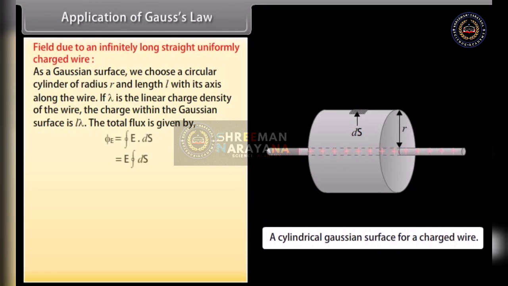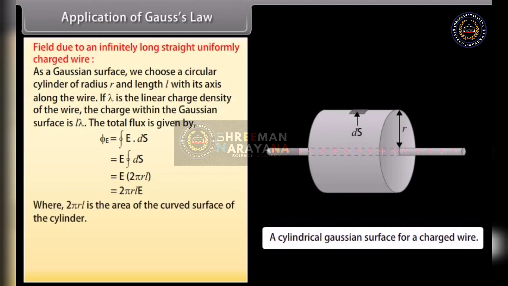We know that phi E is equal to the integration over a closed surface of E dot ds, which equals the product of E and 2 pi rL, where 2 pi rL is the area of the curved surface of the cylinder. According to Gauss's theorem, the electric field at any point at a radial distance r from the wire is equal to lambda divided by 2 pi r epsilon naught.